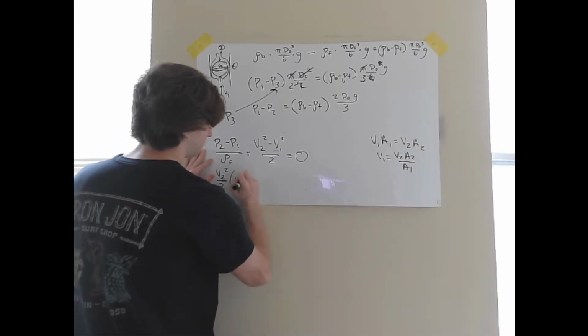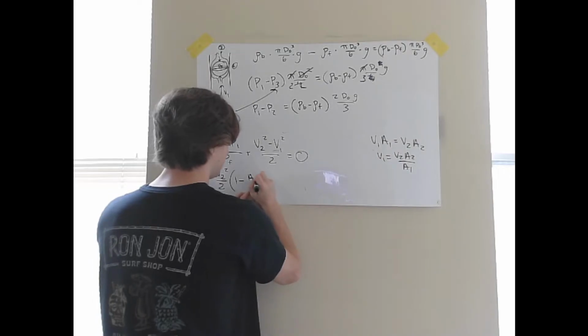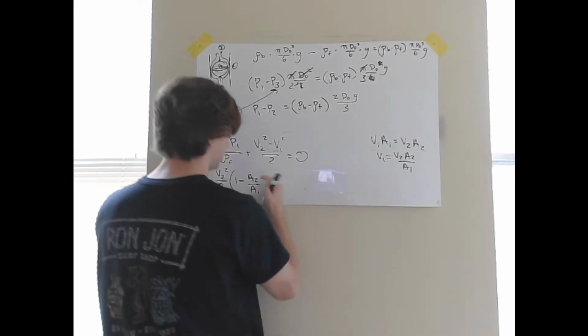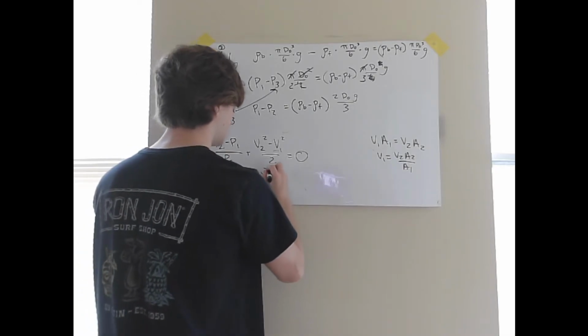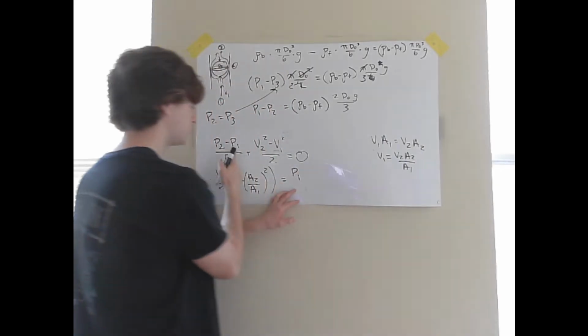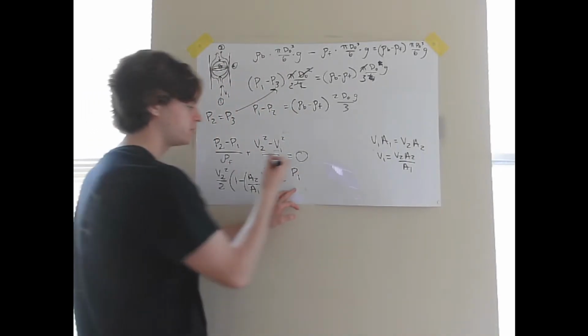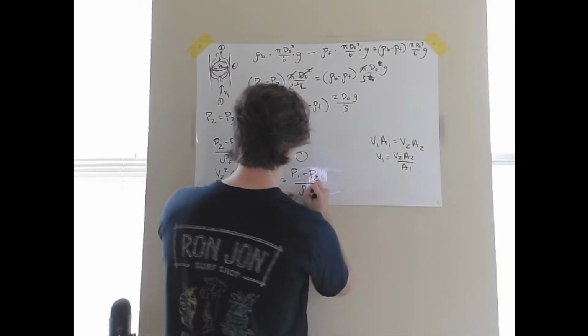So we're going to have this multiplied by 1 times the cross-sectional area at position 2 over the cross-sectional area at position 1, squared, equals, since we move this to the other side, it becomes P1 minus P2 over the density of the fluid.